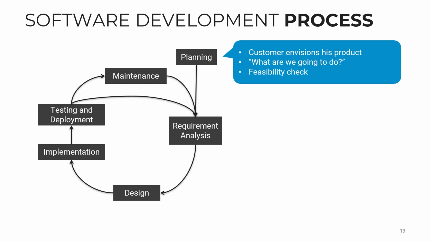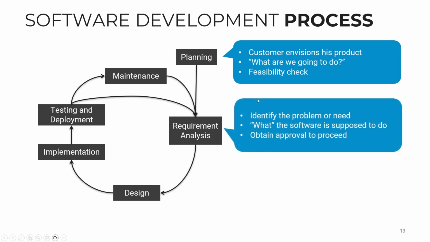Now, if the planning is done, you're going to move on to the detailed analysis, the requirement analysis phase. This phase is to identify the problems or needs, what the software is supposed to do, and then you obtain approval to proceed.